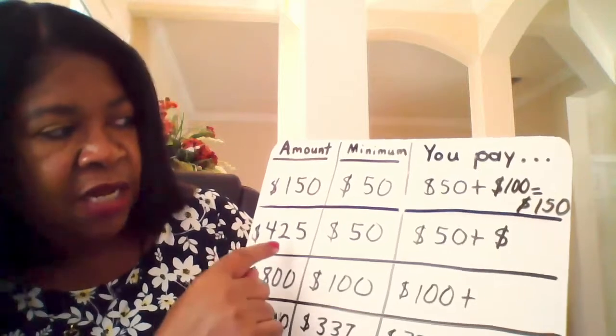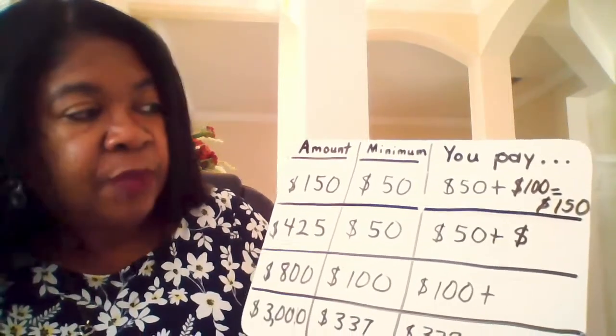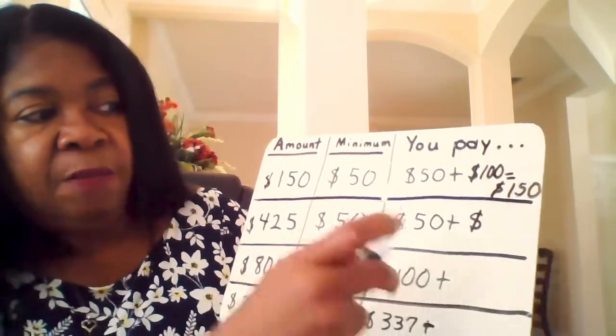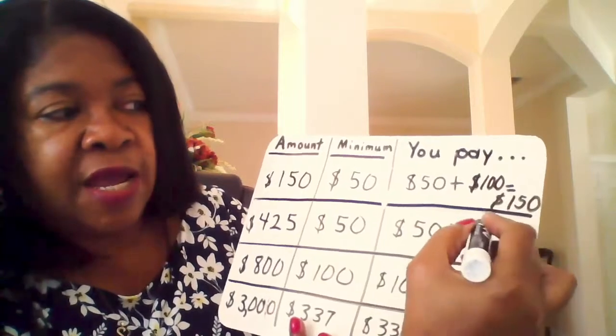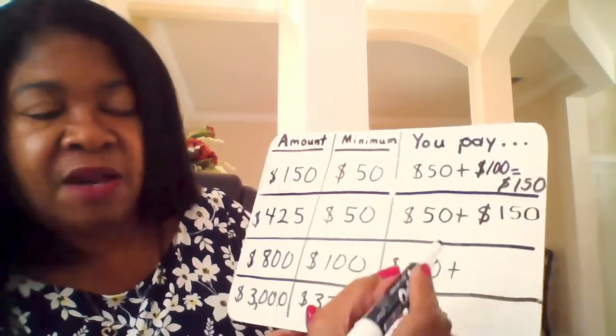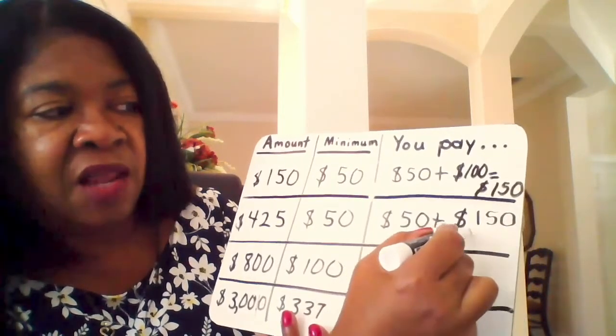So here, this debt is $425, and you're going to pay that $50 plus the $150 that you were paying, and that's going to make that a total of $200.